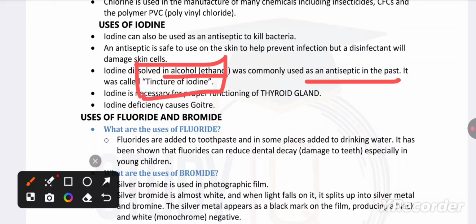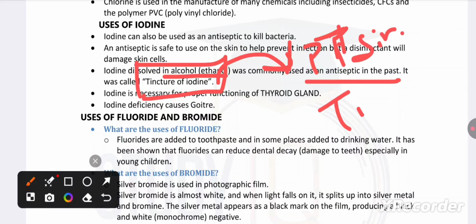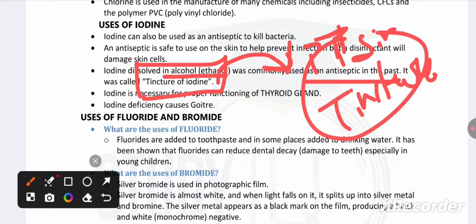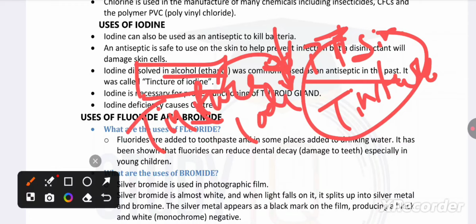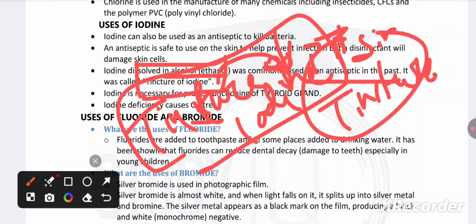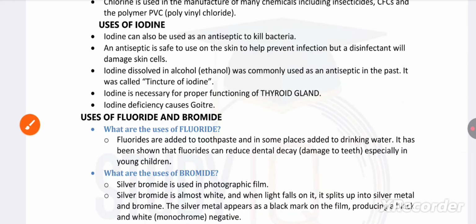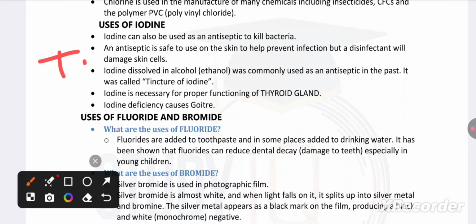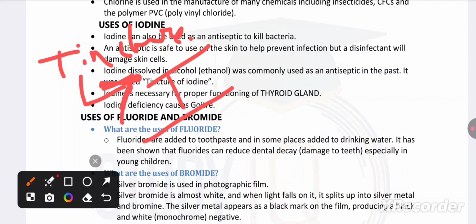Tincture of iodine: when we were in school and got any injury, immediately the PT sir used tincture, that is tincture of iodine. It is possible to be asked which element they are using in tincture. Trick: tincture, put one slash iodine. That's it.